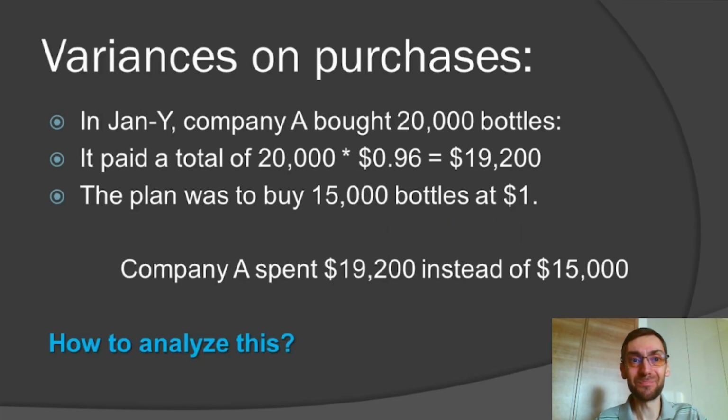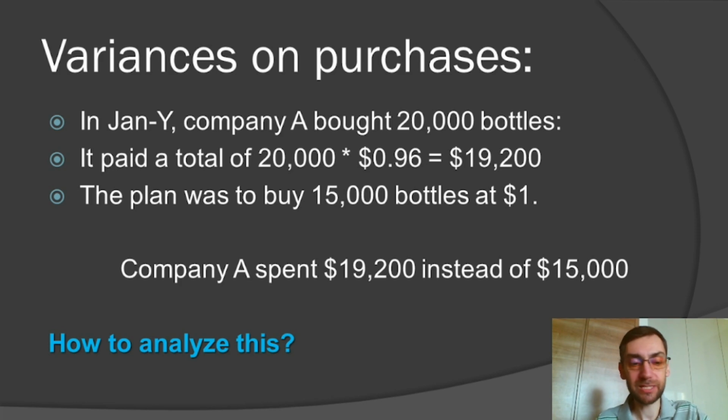Anyway, what you want to know is, okay, you plan to buy 15,000 bottles at $1, which is like $15,000, right? But in reality, you have more business than expected, or you do more bottling than expected, and you bottle like 20,000 bottles. So you bought 20,000 bottles.